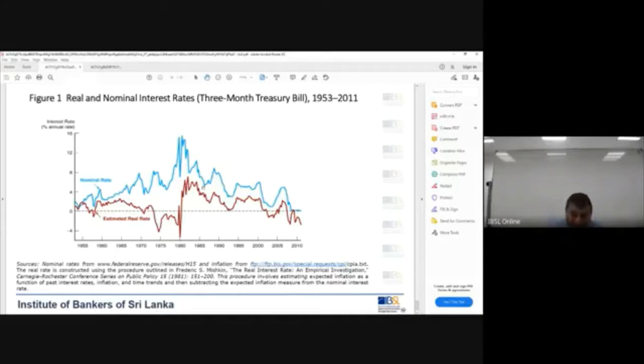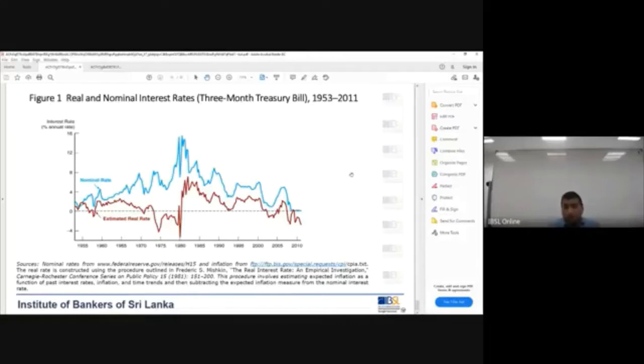But interestingly, the gap here is reasonably stable. But in the recent period, nominal interest rates also hit almost the zero floor. This is the financial crisis in 2008, 9, and then of course interest rates were reasonably low because of significant monetary easing policies practiced by the central banks.